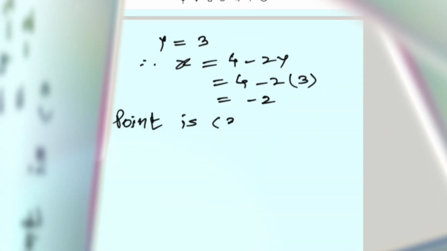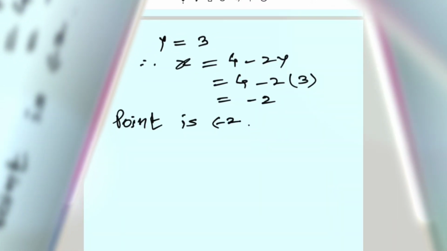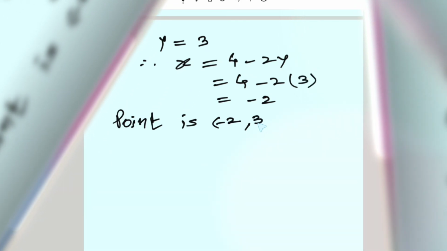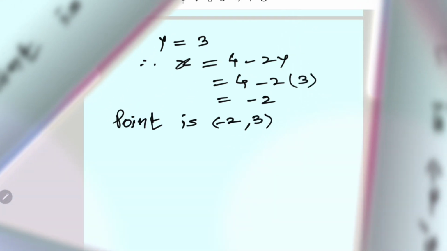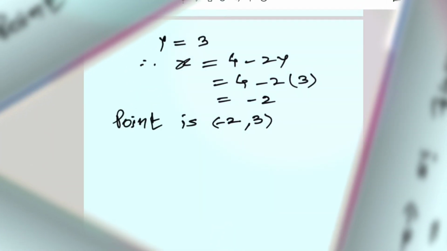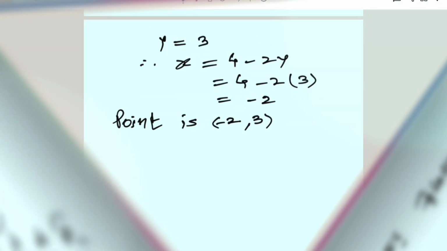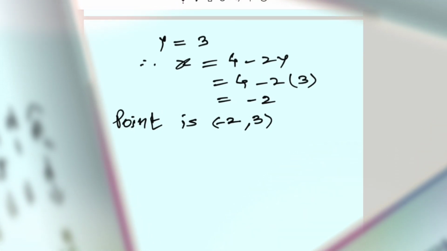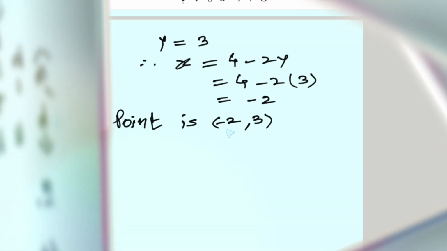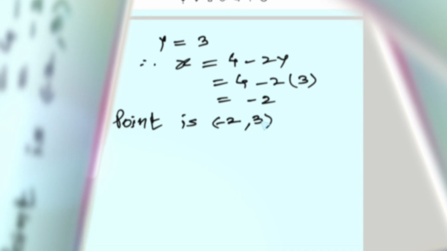And therefore that point is x = −2, y = 3, at which we can obtain the maxima or minima. Here the first half is over. Using that necessary condition, we have obtained the values of x and y.